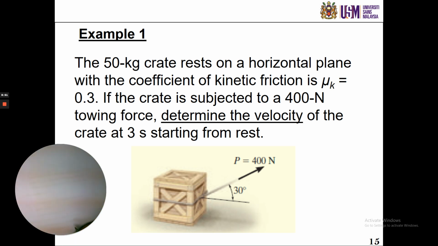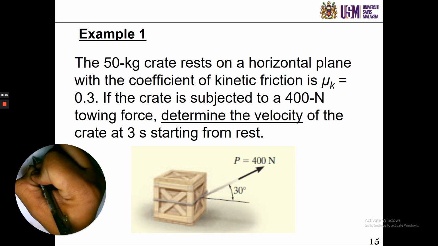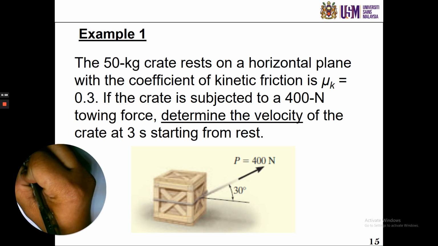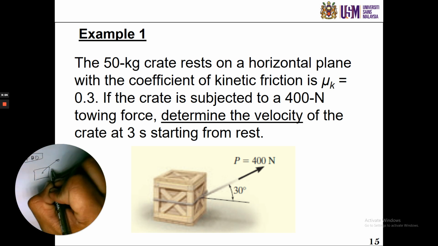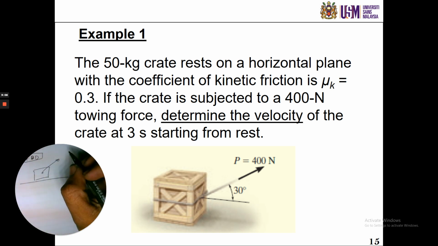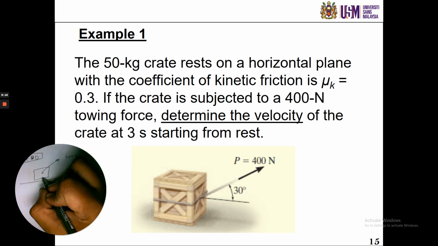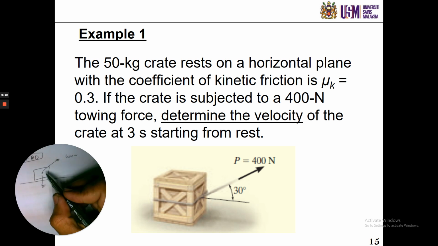So what's the first step? First step is the FBD, very important. It's a free body diagram. The crate is pulled by 400 Newtons, so that's the first external force. The second external force is the weight of the box.